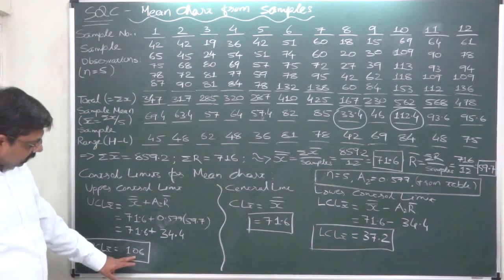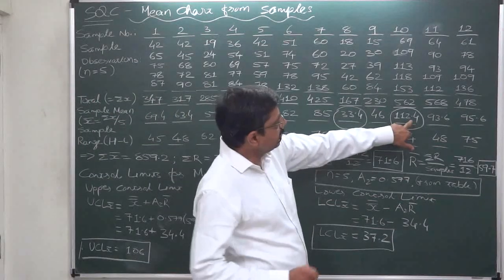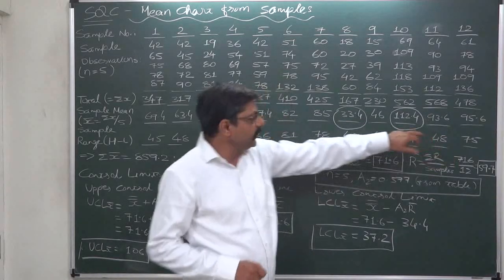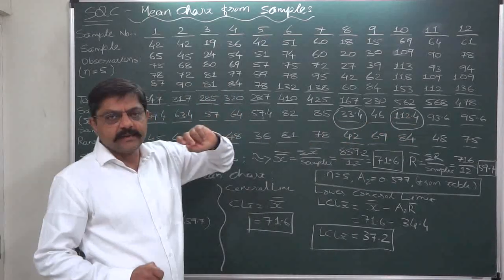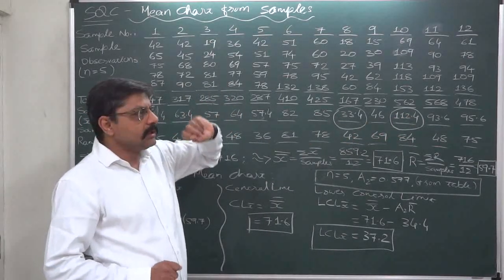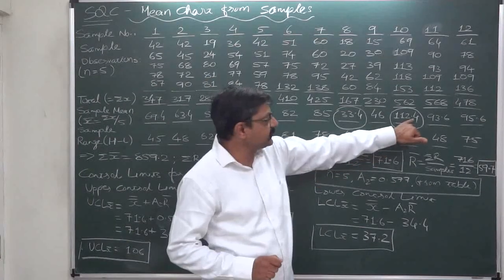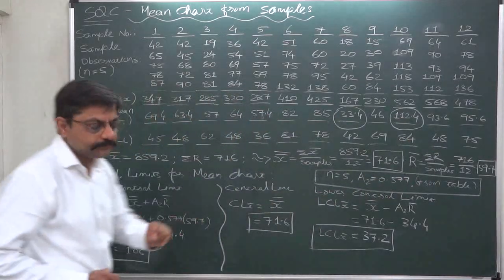Upper control limit is 106, but check the sample means, it is 112.4. So on the graph paper we need to plot this point, so it is necessary to draw the vertical axis to include 112.4.